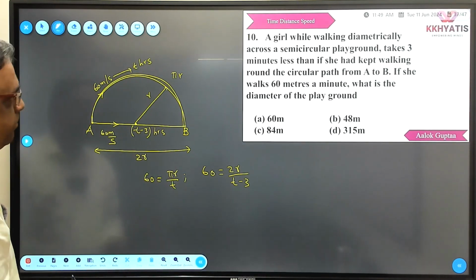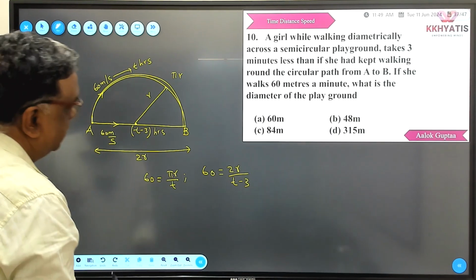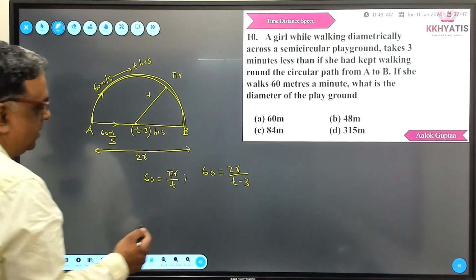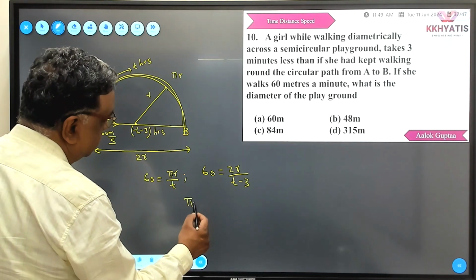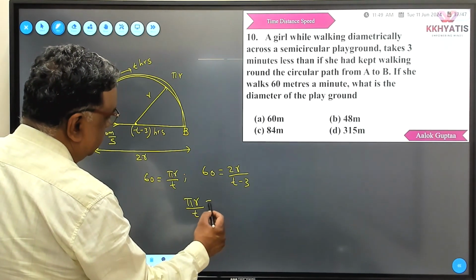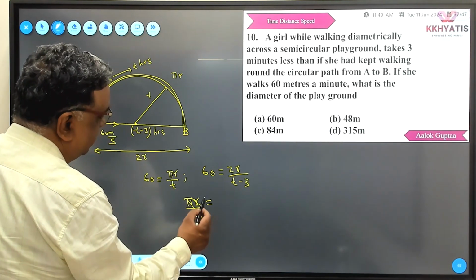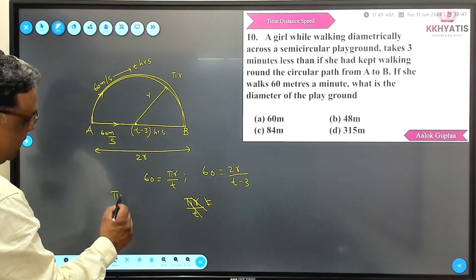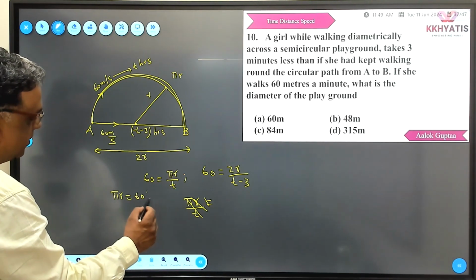Which means we have to find out the radius. So from here I can get a relation between pi r and t. So pi r equals 60t.